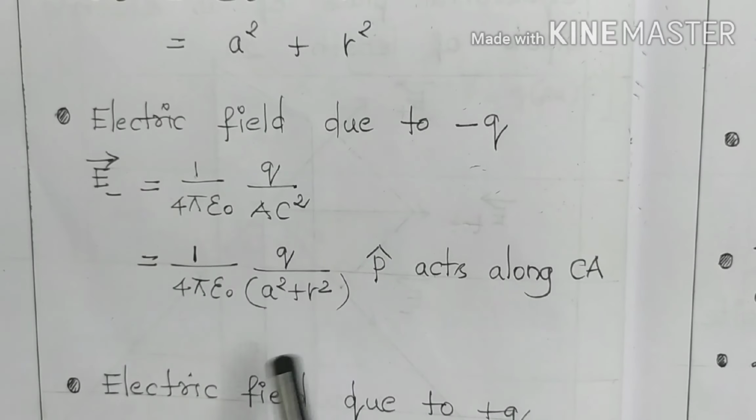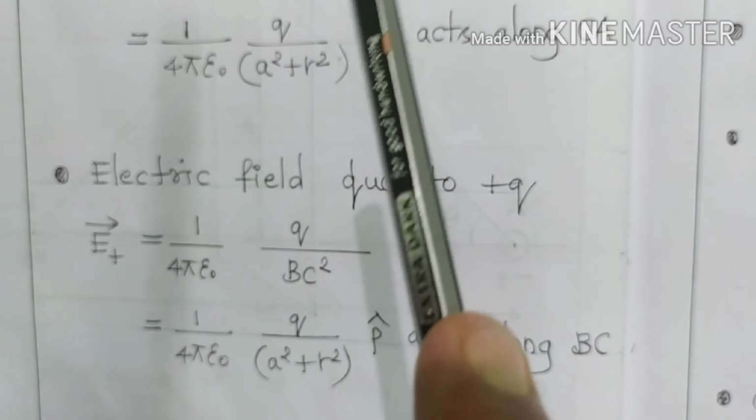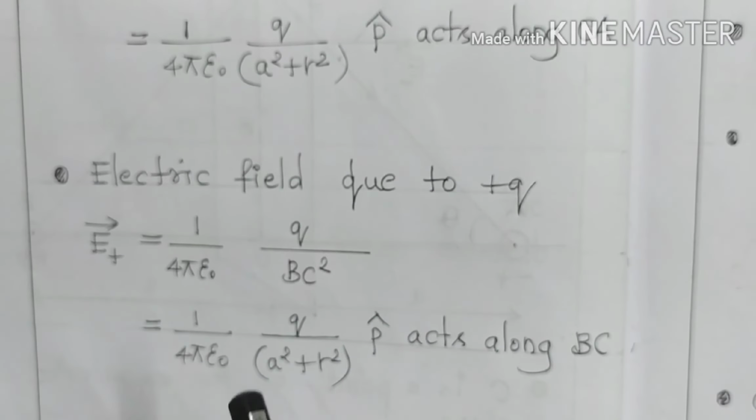And electric field due to plus Q: here E plus vector is equal to 1 by 4 pi epsilon naught Q by BC squared, so 1 by 4 pi epsilon naught Q by A squared plus R squared. P cap acts along BC. So in the case of axial line, the distance varies: in one case A squared plus R squared, in another case A squared minus R squared.